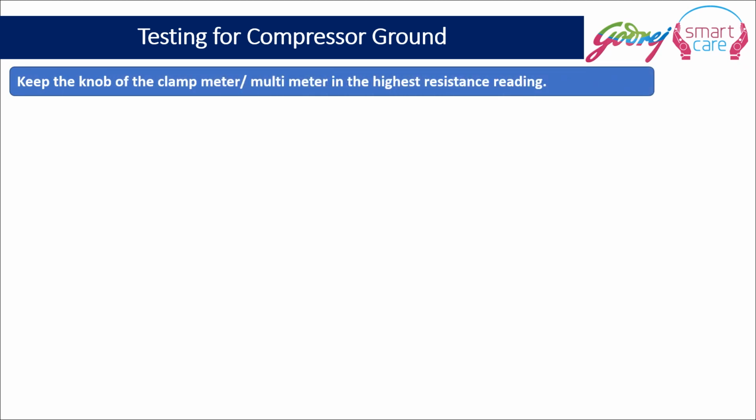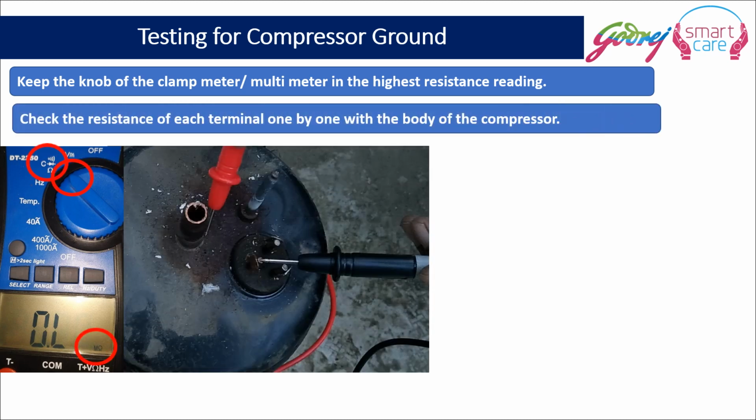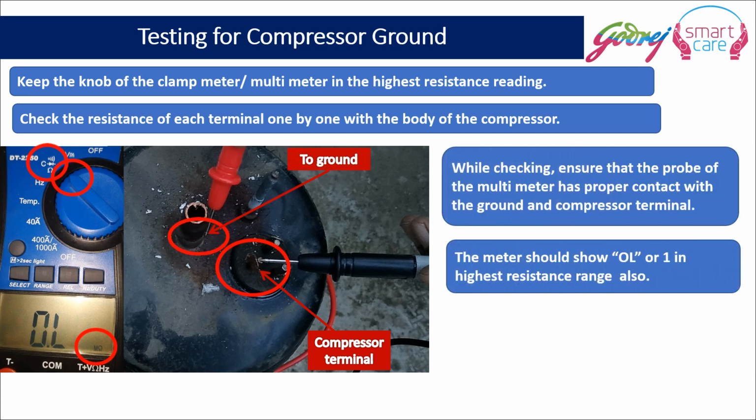We have to keep the knob of the clamp meter or multimeter in the highest resistance position. Each terminal we have to check one by one with the body of the compressor. While checking, we have to ensure that the probes of the multimeter have proper contact with the ground and the compressor terminal. The multimeter should show OL or 1 in the highest resistance range also.